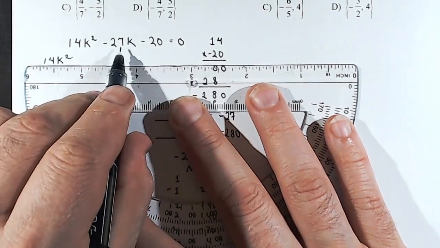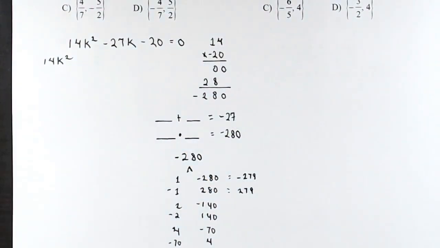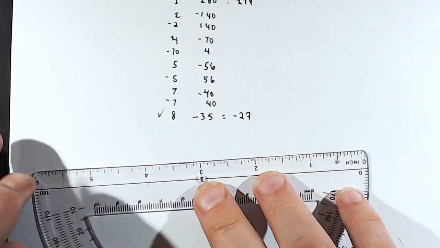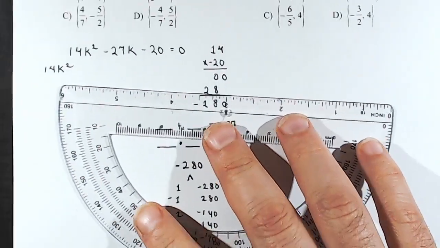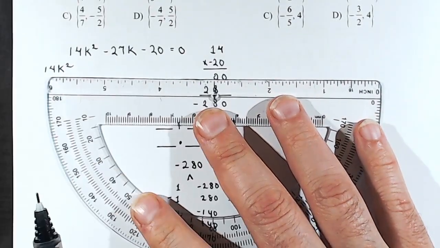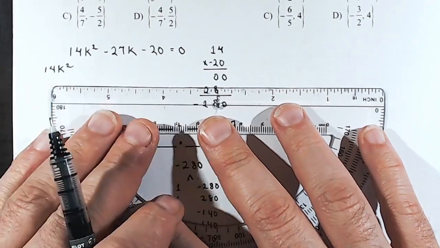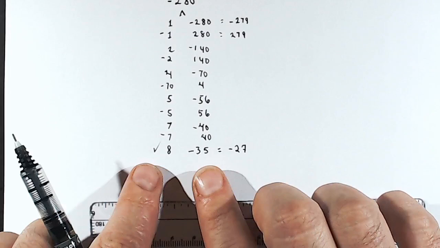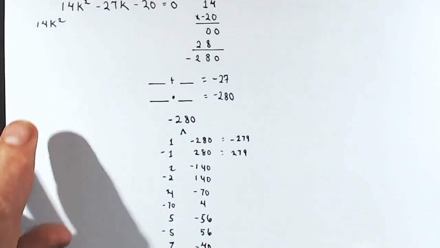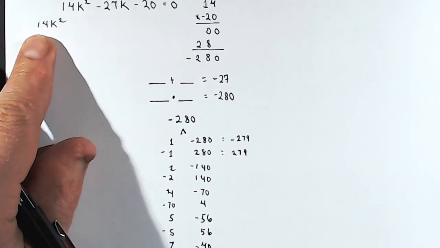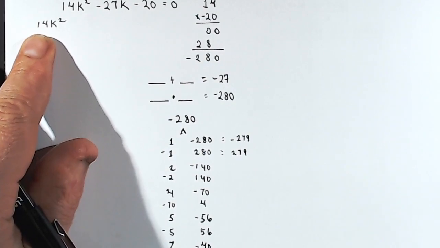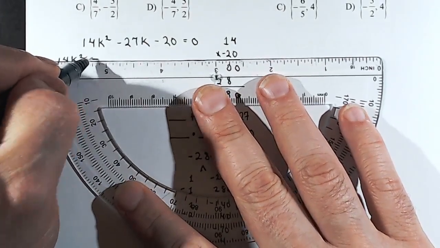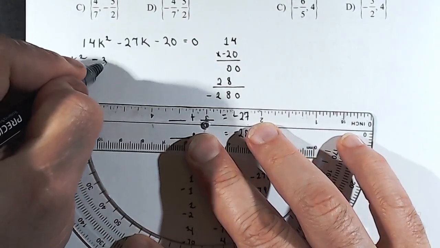Now I'm going to split this middle coefficient into 8k and negative 35k because they add together to be negative 27k. But where I put it is very important. I have a negative 35 here and a 14 here. They have a common factor of 7, so I want to put 14k squared minus 35k.